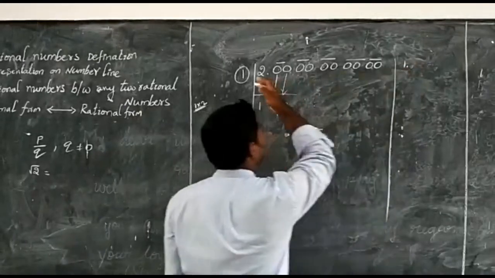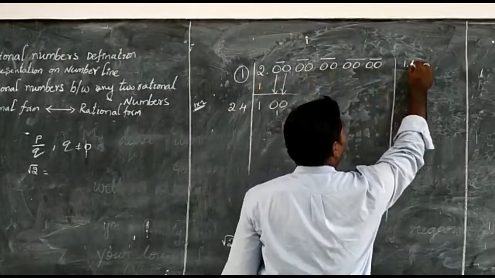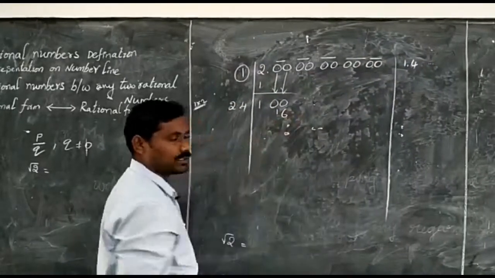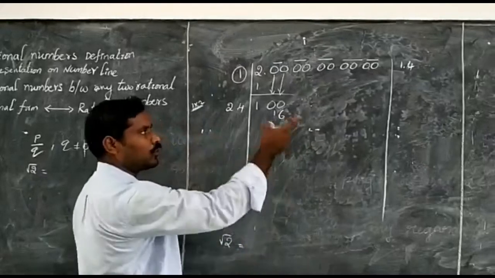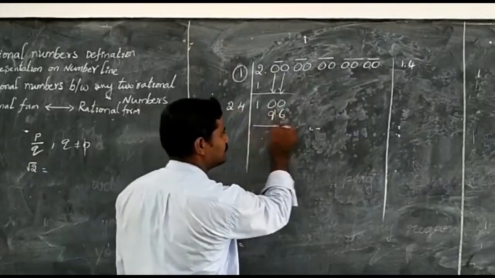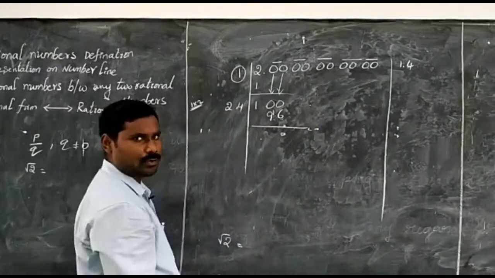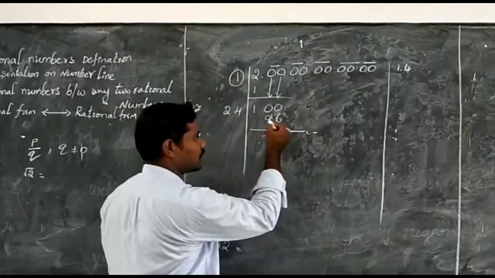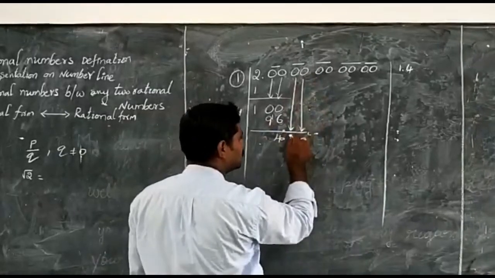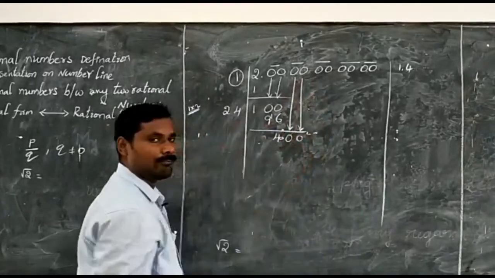Now already completed, then we can give the decimal point and 4. 4 times 24: 4 fours are 16, 1; 4 twos are 8 plus 1, 9. 96. 100 minus 96, how much? Yes, it is 4. Now the next two digits, 0 and 0. What is the number? 400 now.